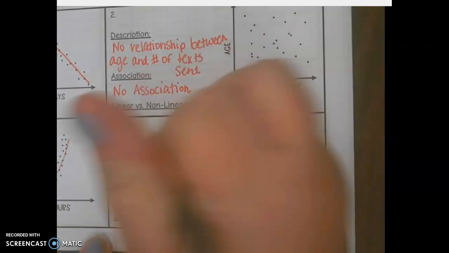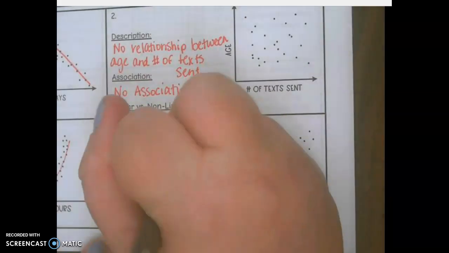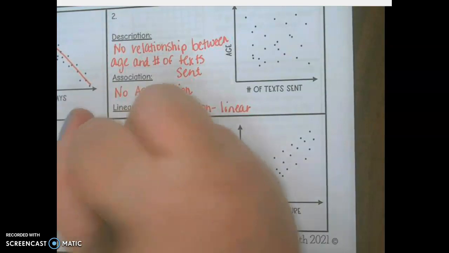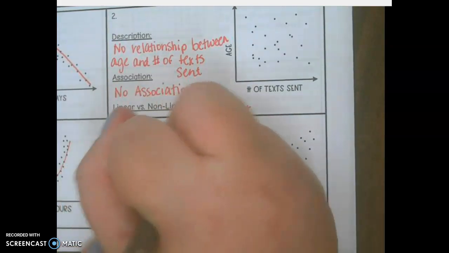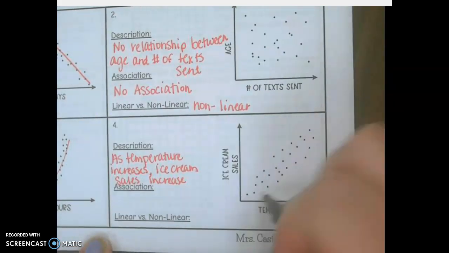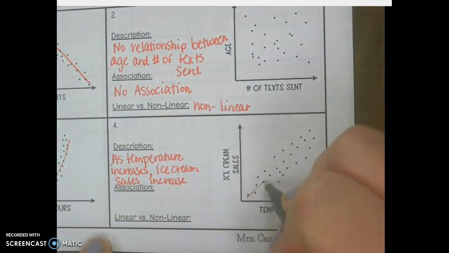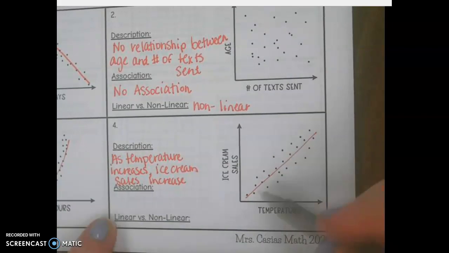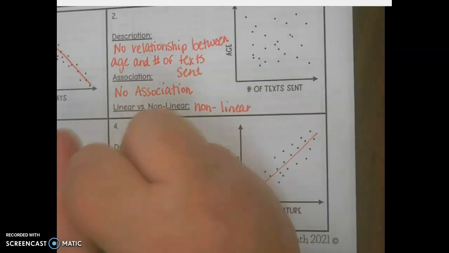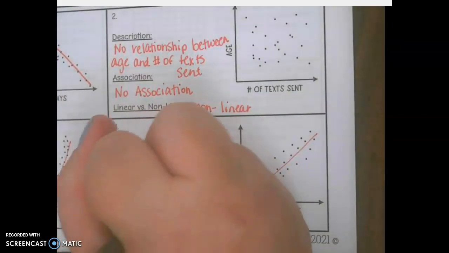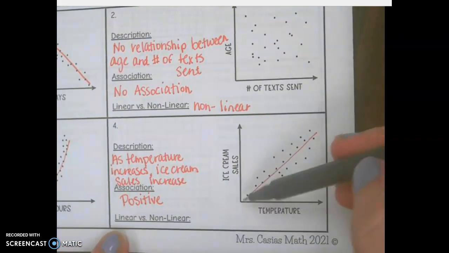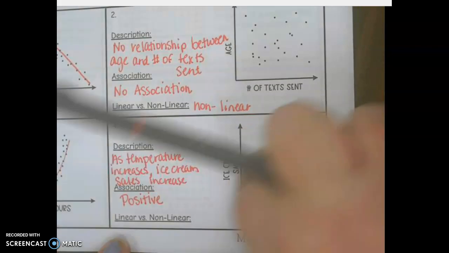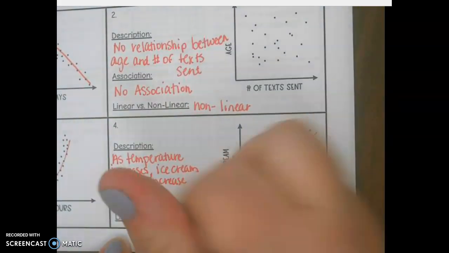So our ice cream sales also increased. I can see when I draw a line through it that it is going to be a positive association. And it is going to be linear because most of the data went in a straight pathway.